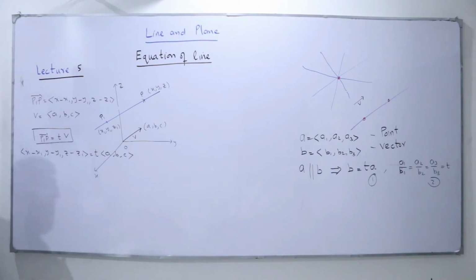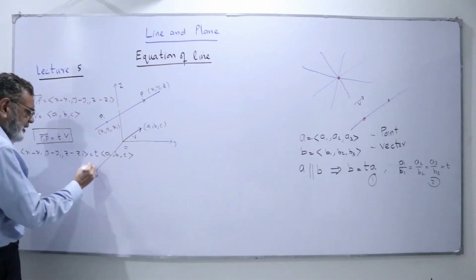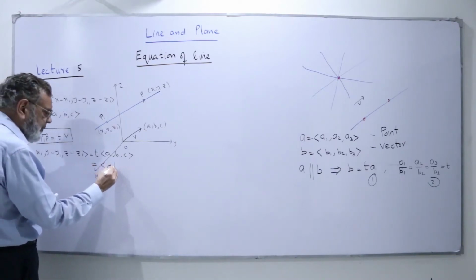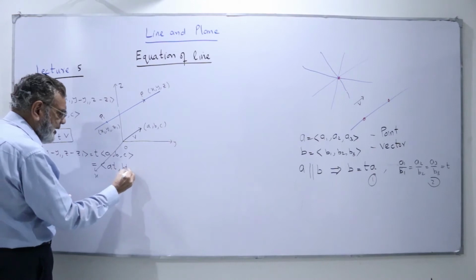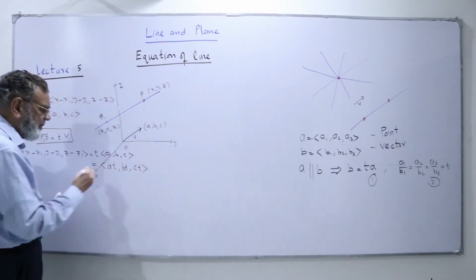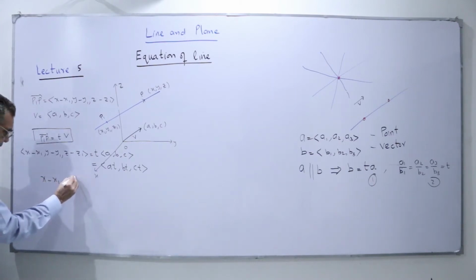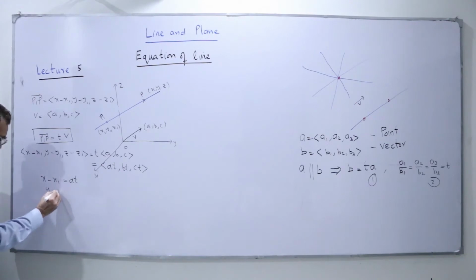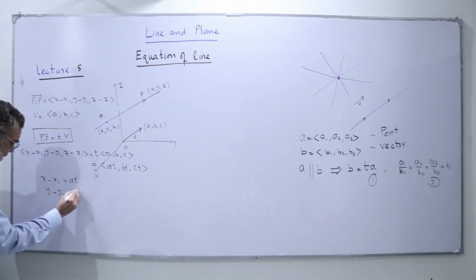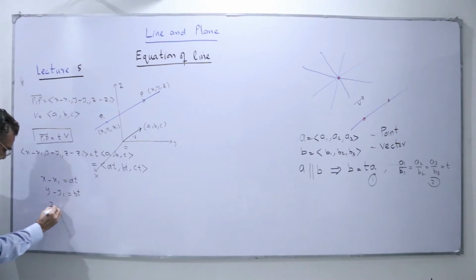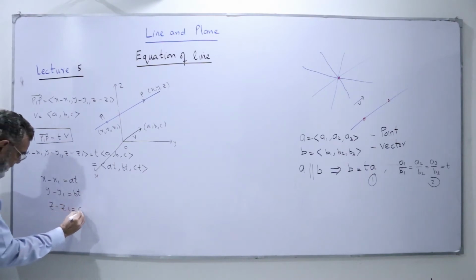Now here I can say that these two vectors are equal when their corresponding entries are equal. We can write this one as at, bt, and ct, multiplying by t. So we get x minus x1 is equal to at, y minus y1 is equal to bt, and z minus z1 is equal to ct.